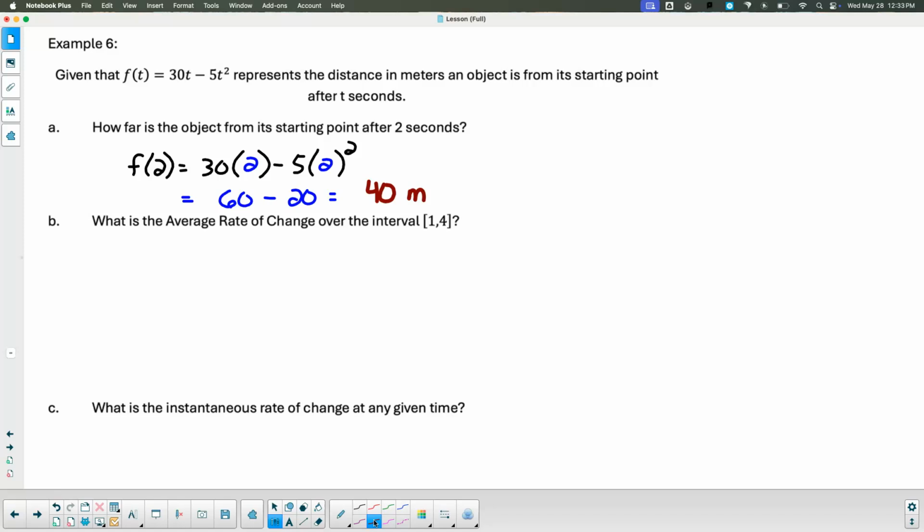Agree that the object is 40 meters away from its starting point after 2 seconds? Yes? Okay.